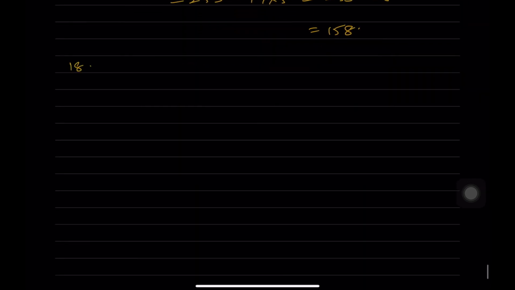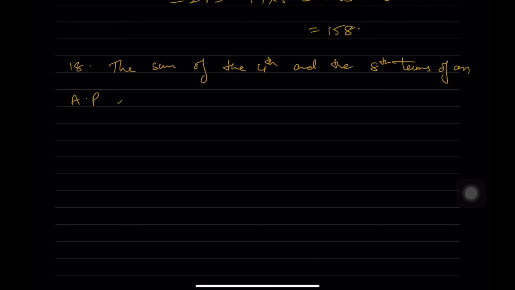Next, going into the 18th one, the sum of the 4th and the 8th terms of an AP is 24, and the sum of the 6th and 10th terms is 44.